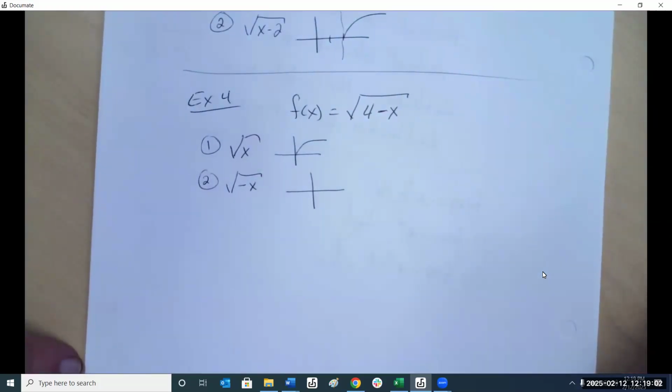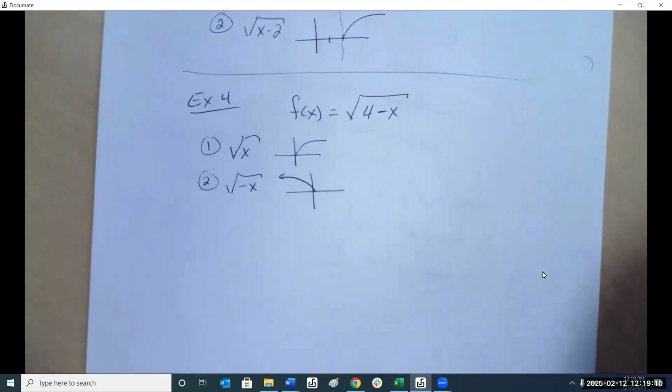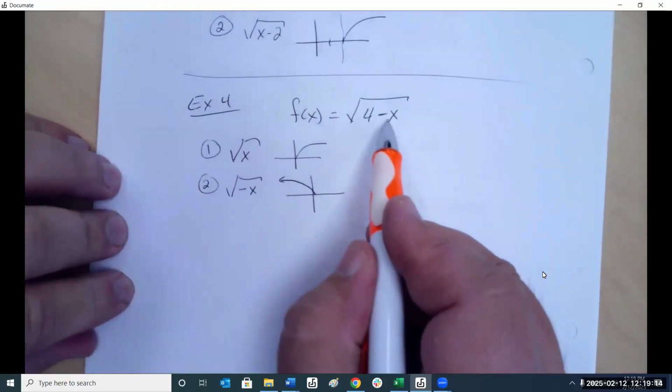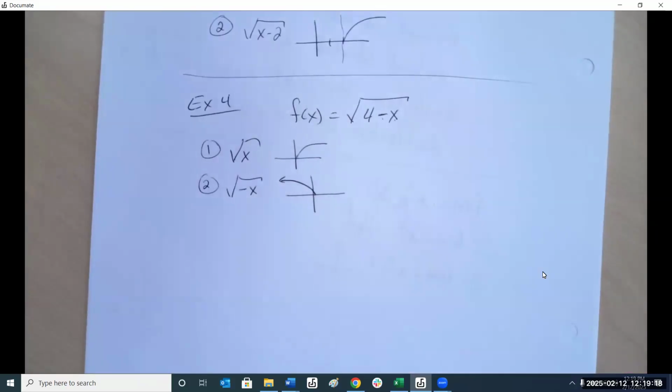If you change the sign of X, what does that mean? It flips across the y-axis. It's a horizontal reflection. Because it happens inside there, it's horizontal.